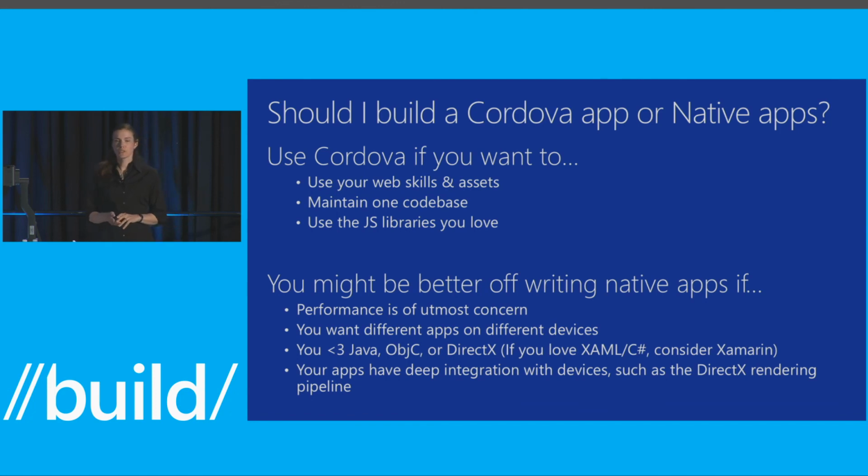And if you really have deep integration with the platform, things like the DirectX rendering pipeline, if you're doing shaders, for instance, Cordova is probably not the way you're going to want to go. You need to talk directly to the operating system, so you're going to need to go native.